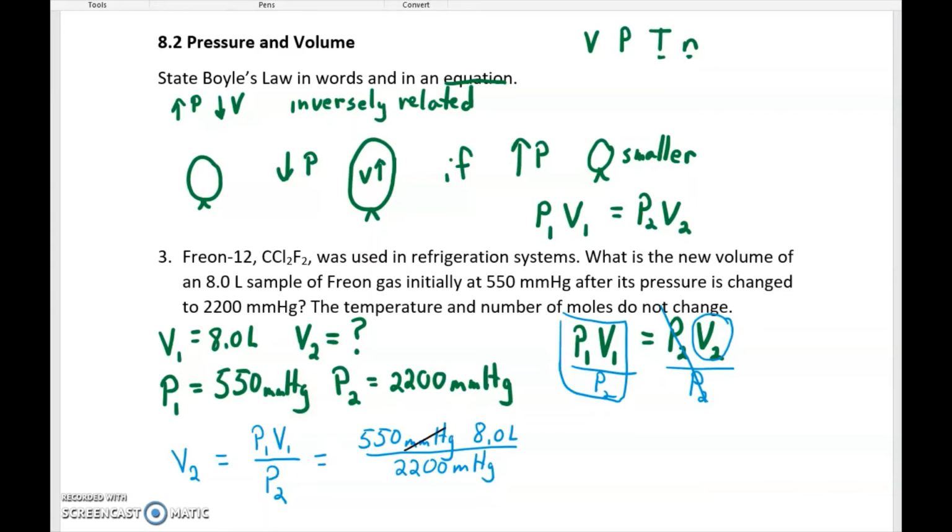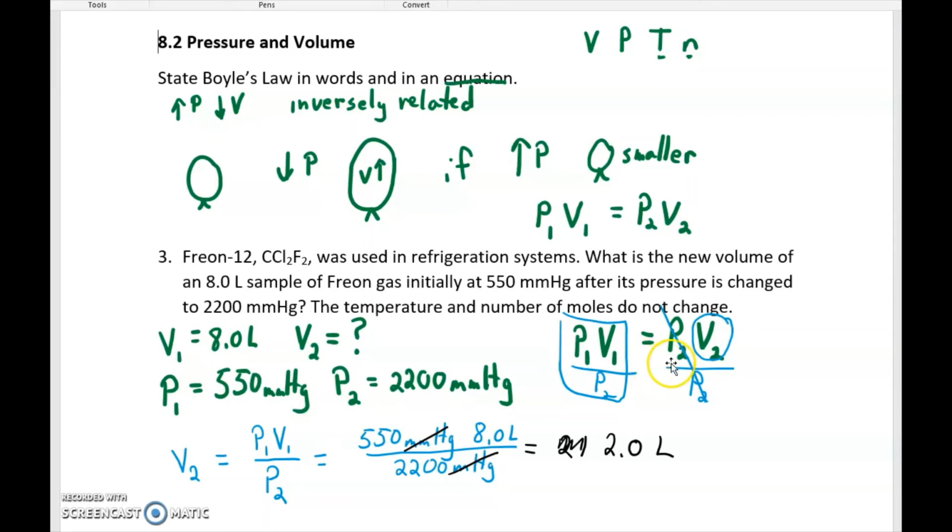We've got millimeters of mercury here and millimeters of mercury here, and that leaves us with only liters in our answer. We'll take 550 times 8.0 and divide it by 2,200, and we will get 2.0 liters.